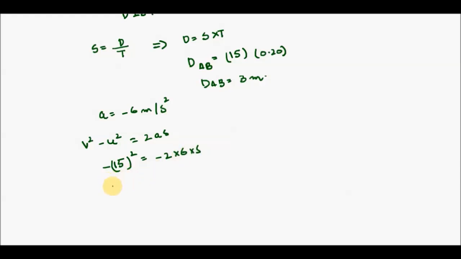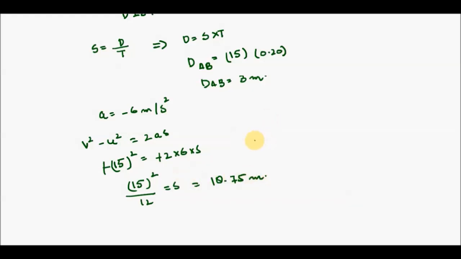So this is nothing but minus and minus will cancel out, and you will be left with 15 raised power square divided by 12, and that will be your distance. Now this comes out to be simply 18.75 meters, right?